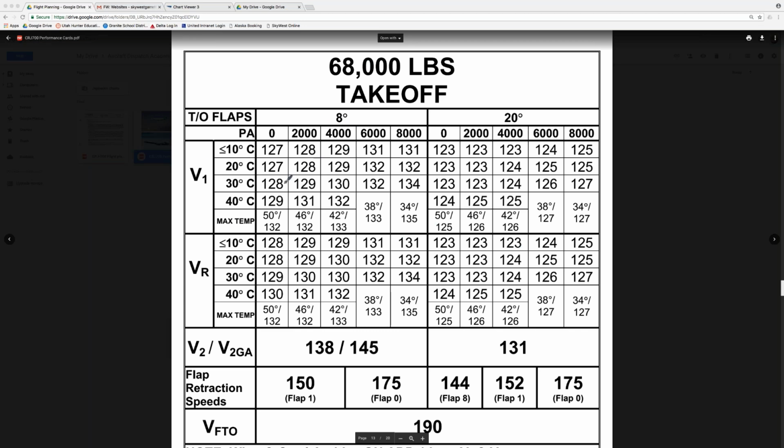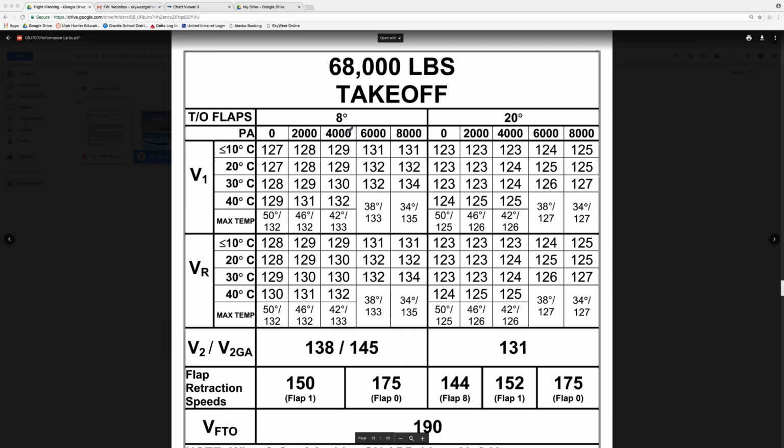So, that being said, the way we determine our V1, VR, V2 speeds is, as you can see, for our V2 speed, it's really hard, right? Flaps 8, automatically a 138. But to figure out our other speeds, we're going to take our pressure altitude.